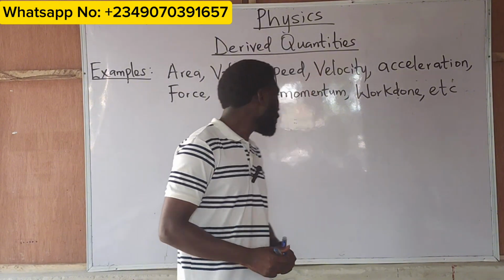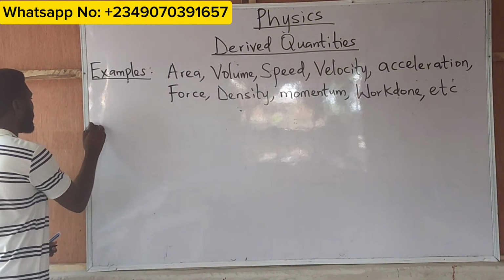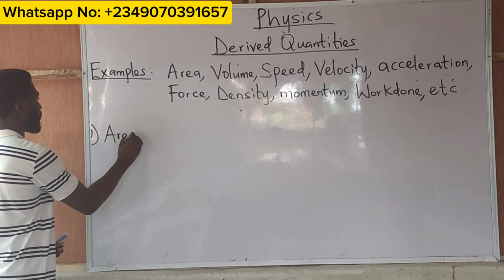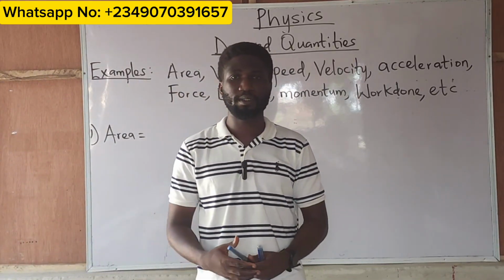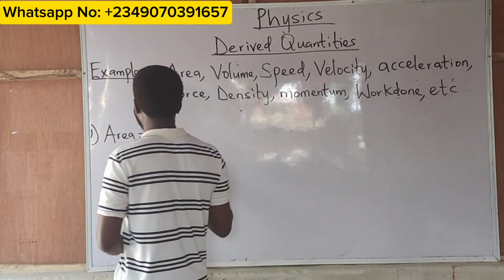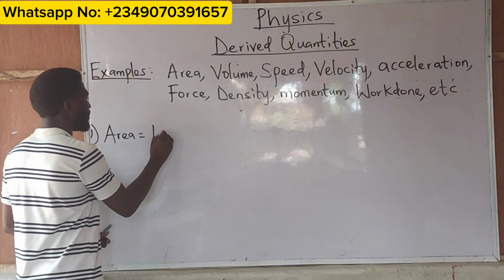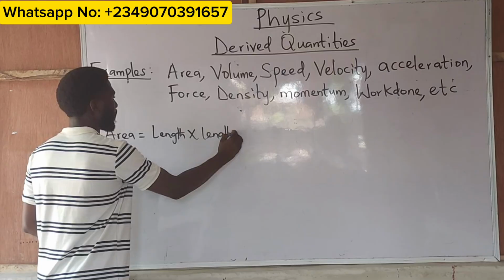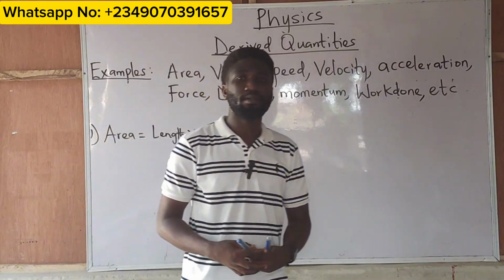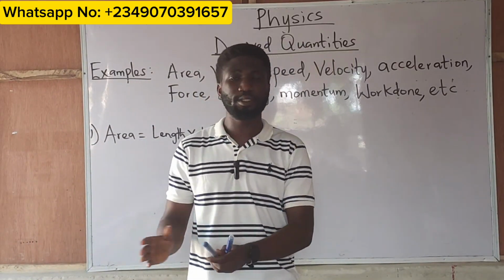All right. Number 1 here, we have area. So area has its formula, and the formula for area, it is said to be length times length. If you decide to use length times breadth, no problem.